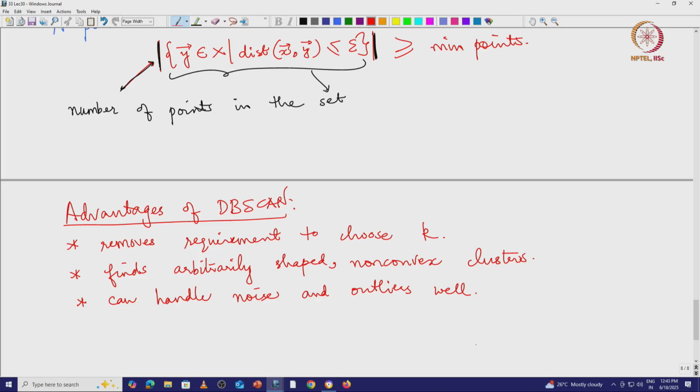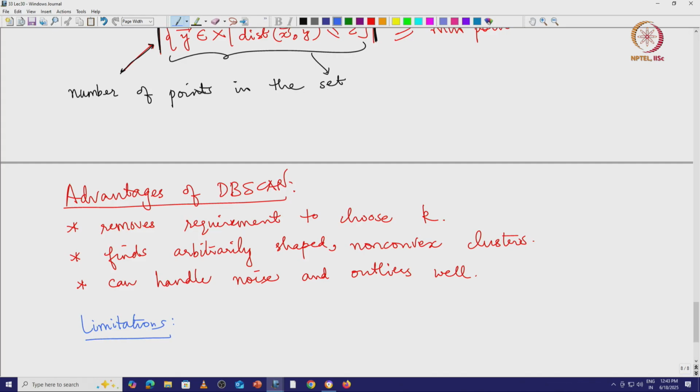There are some limitations, and as you would have guessed, the limitation is that we need to have some feel of what epsilon and what minimum number of points is relevant.